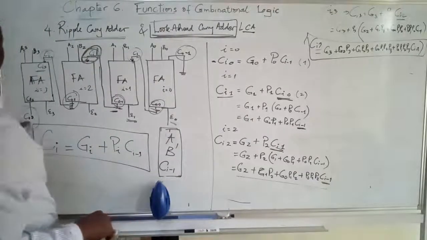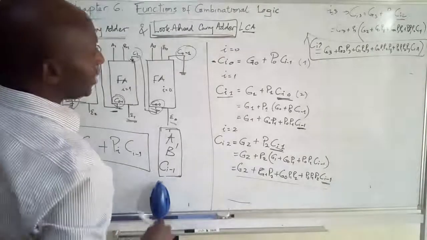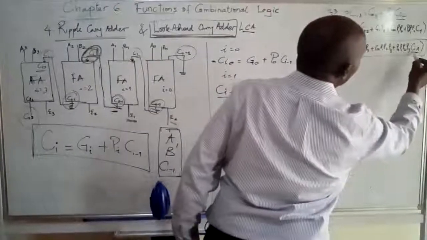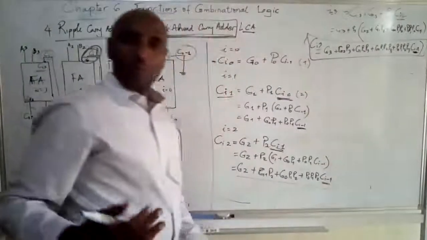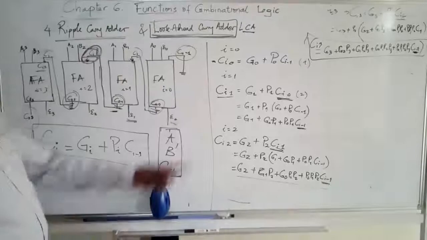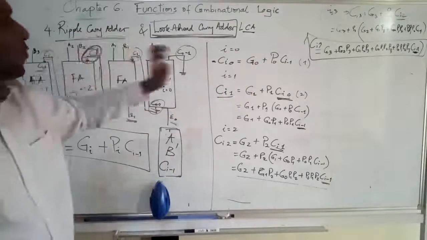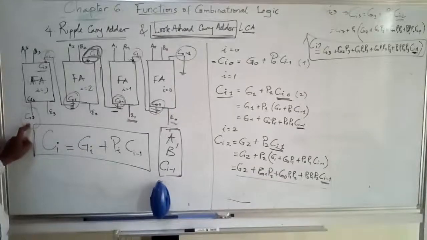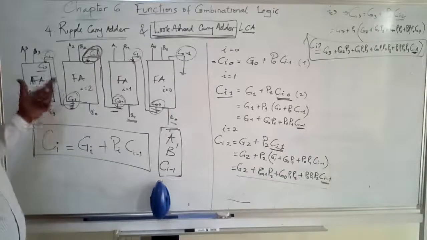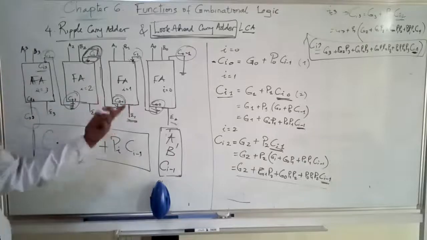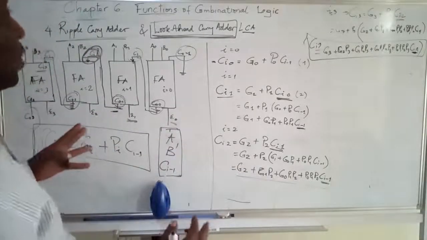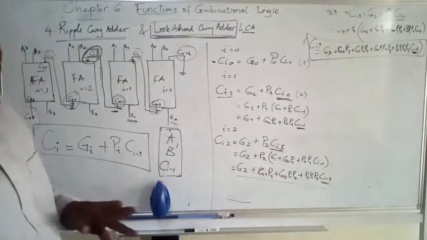To get this one, it will be simple. It's just to have the first carry input, C in minus 1. If you have the carry in of the first adder, that's all. You can generate the last one without waiting for getting the summation. So this is how the carry look ahead adder works.